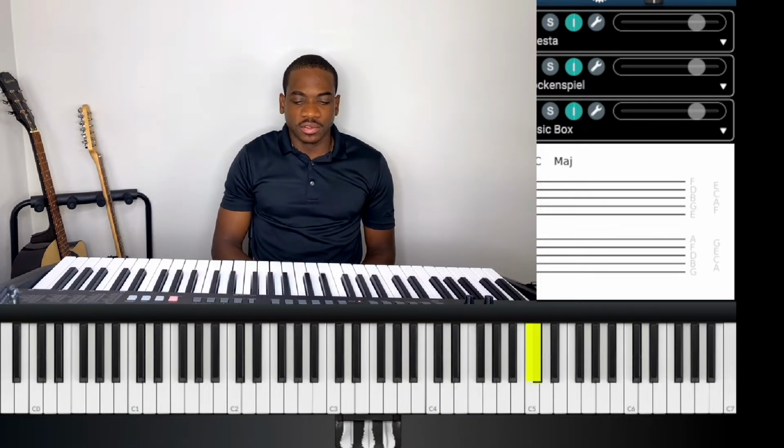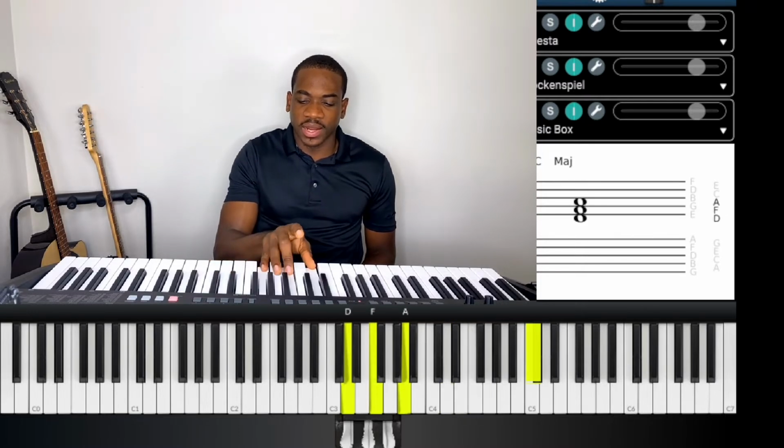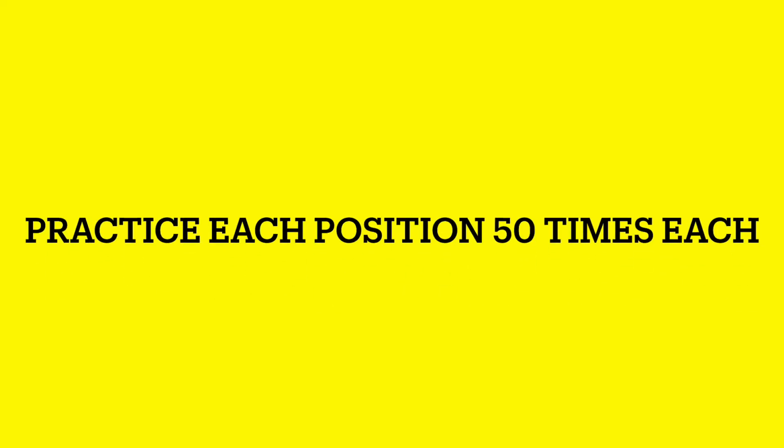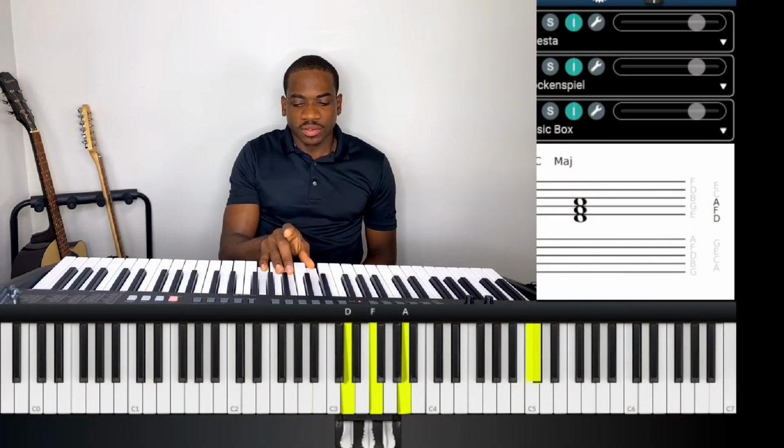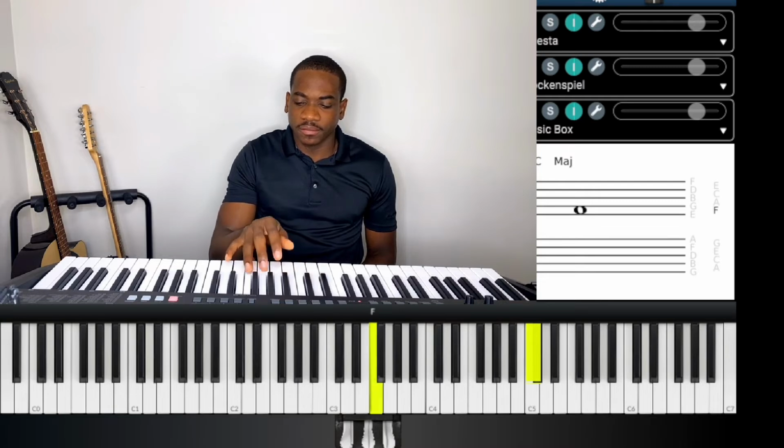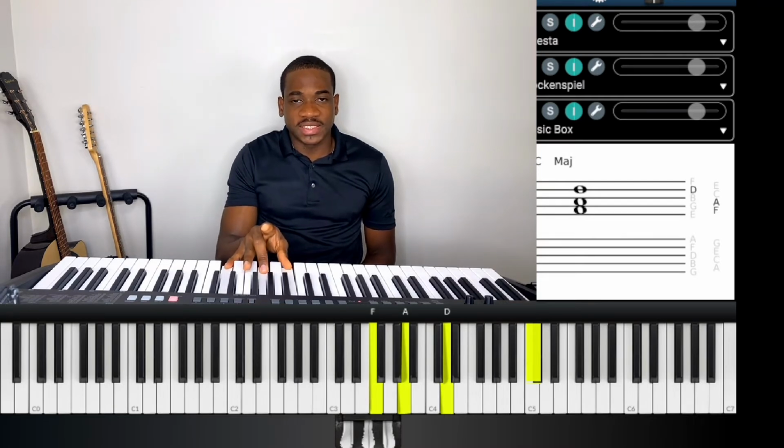So for the re chord, play the root 50 times, re fa la. That's re fa la, play it 50 times. First inversion for the re chord, fa la re. Play this 50 times.